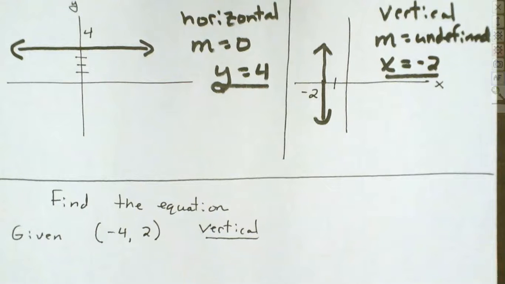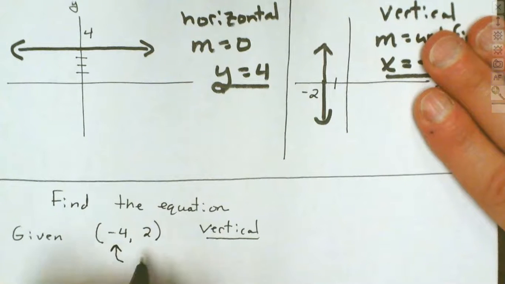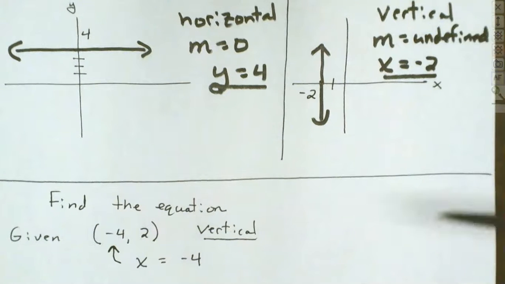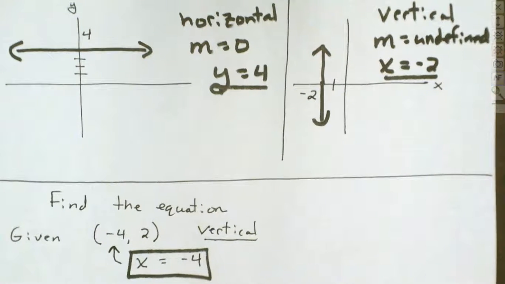And what kind of line is it? Is it an x line or a y line? It's a vertical line, right? So it's going to be an x line. And what's the x component of this ordered pair right here? Well, the x component would be -4. So that's our answer, -4, because it's a vertical line.